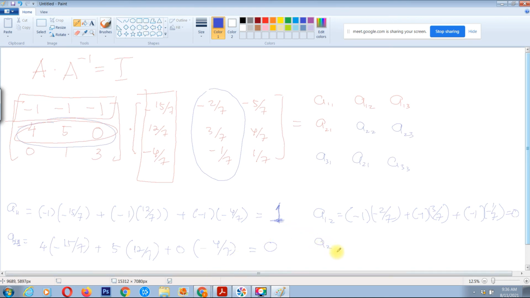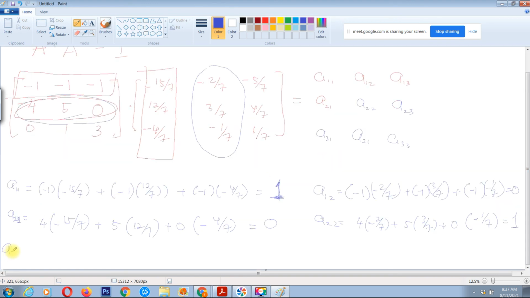Second row, second column: 4 times negative 2 over 7, plus 5 times 3 over 7, plus 0 times negative 1 over 7, equals 1. And then we need to find every element here.